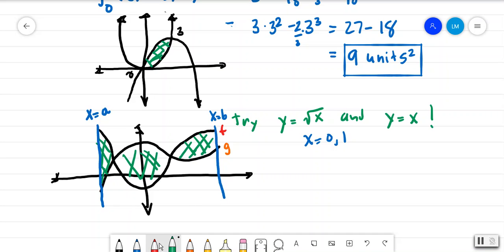So right here, you would have to basically just make note of which functions are going to be which in terms of top minus bottom. So this is a nice little problem because it's telling you that you just have to figure out, this is going to be maybe C and maybe this is going to be D. So that means that you would have multiple integrals. So when it comes to the top minus bottom, it's just going to switch.